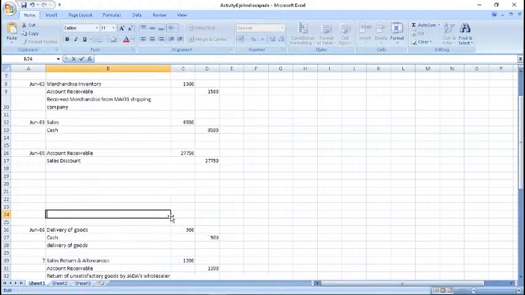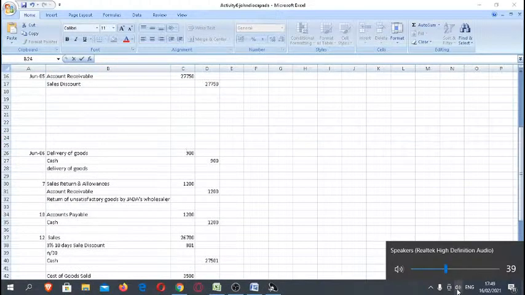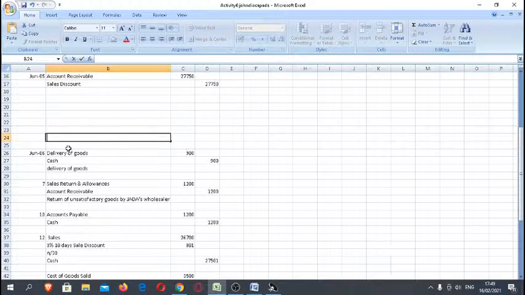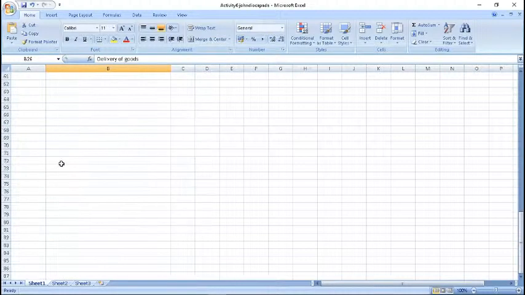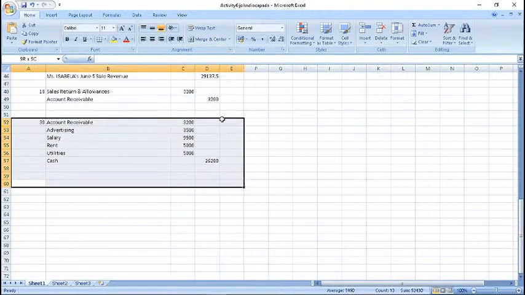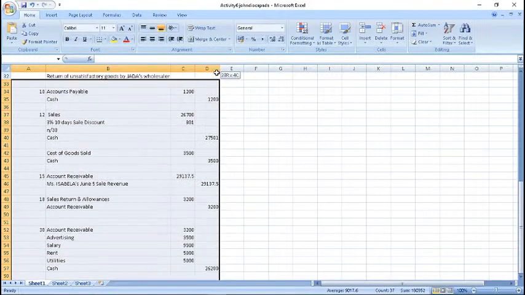Okay. So, titingnan muna natin si Jada. Receive a credit memo from Jada's wholesaler. Kung mapapansin po natin, ang transaction with Jada ay may kinalaman sa pag-purchase.